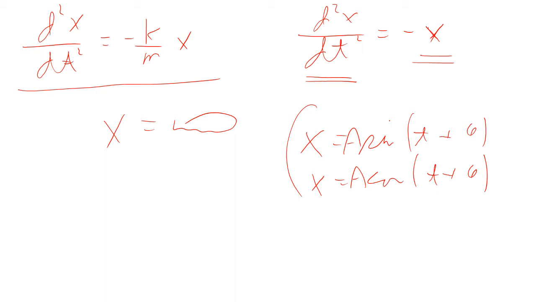Now, normally if we stretch a spring, it starts off as non-zero, so I'm going to guess cosine right here. And so I'm going to guess that the answer is some A cosine omega t, and I can put some kind of plus phi in there.